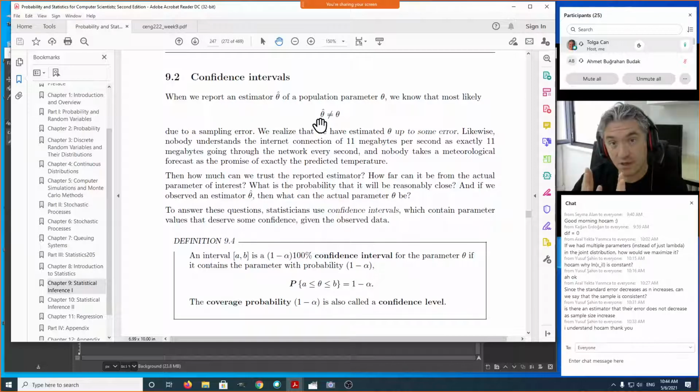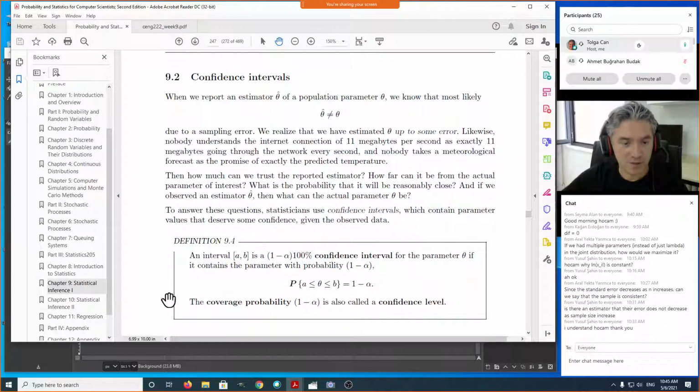Decreasing the interval is going to decrease your confidence level for the same standard error. Either you have to find a way to decrease your standard error, and we already know that, right? For example, if it's a consistent estimator, increasing your sample size may decrease your standard error, hence it may decrease the size of the confidence interval.